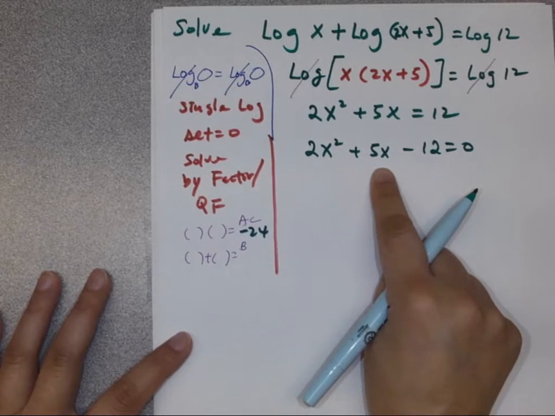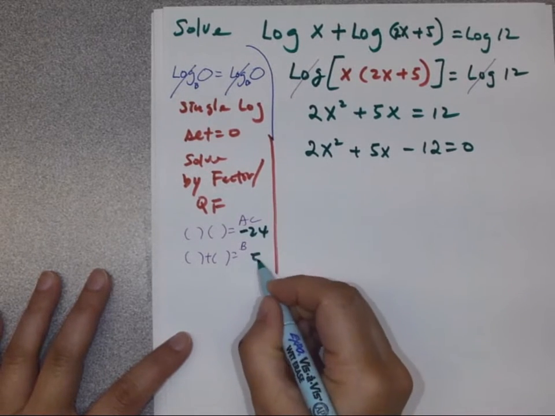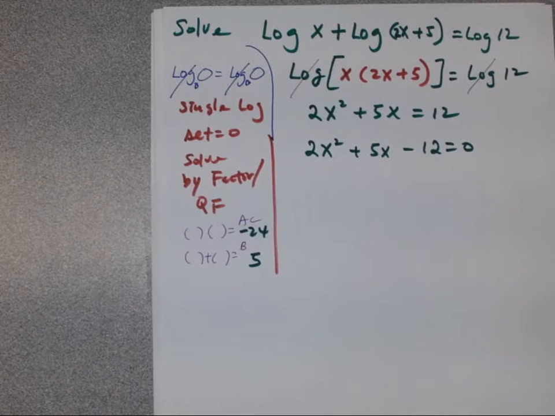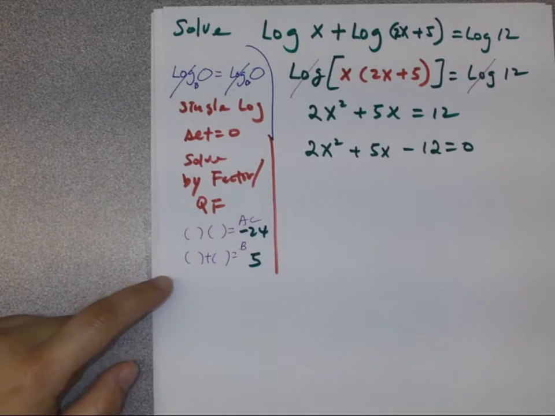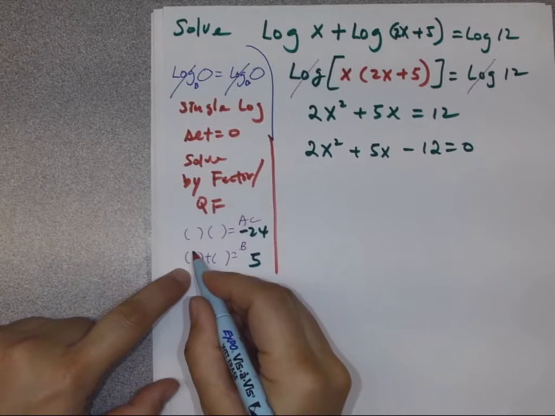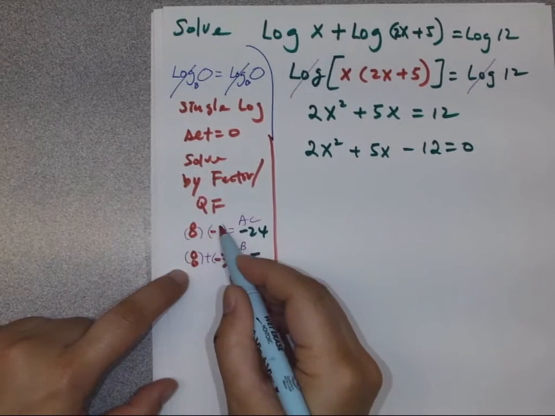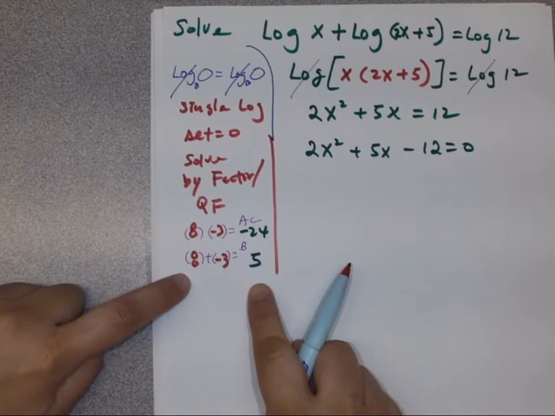B is 5. What two numbers multiplied give negative 24 and combined give 5? 8 and negative 3. So 8 times negative 3 is negative 24, and combined is 5, right?